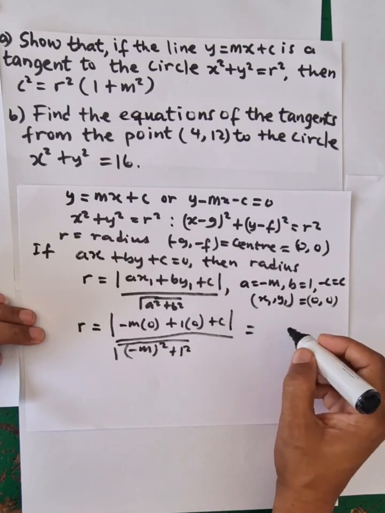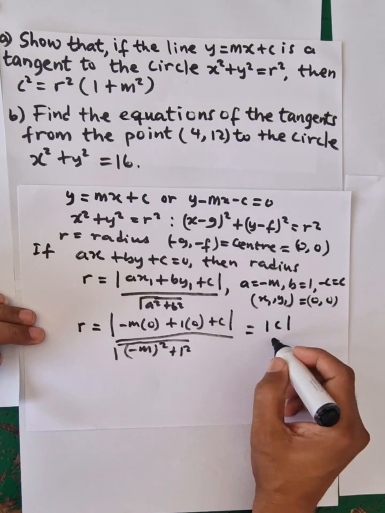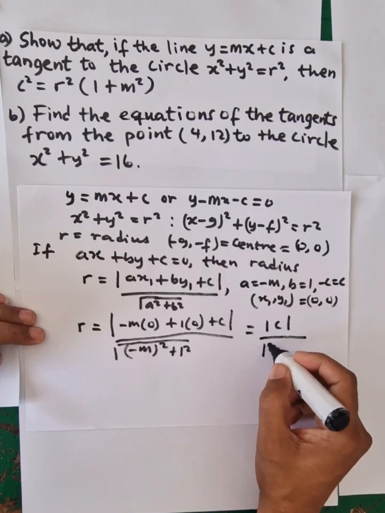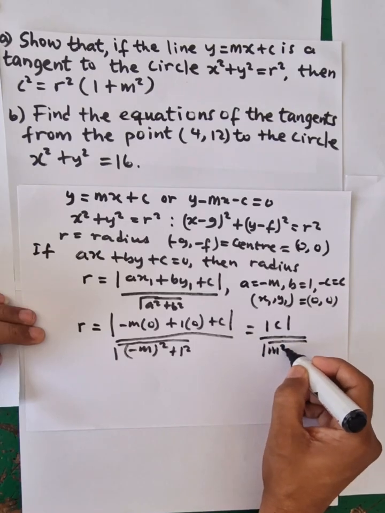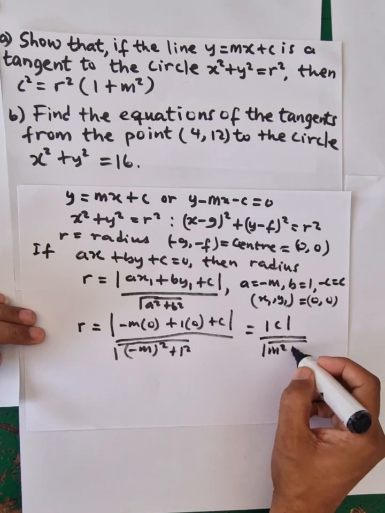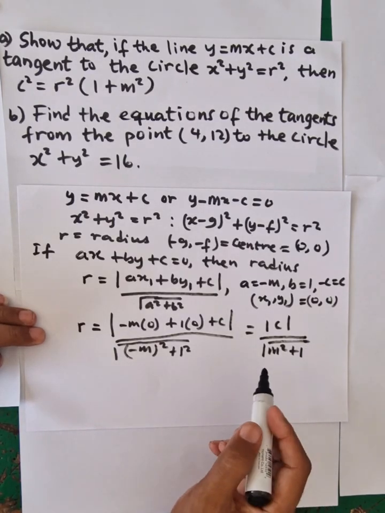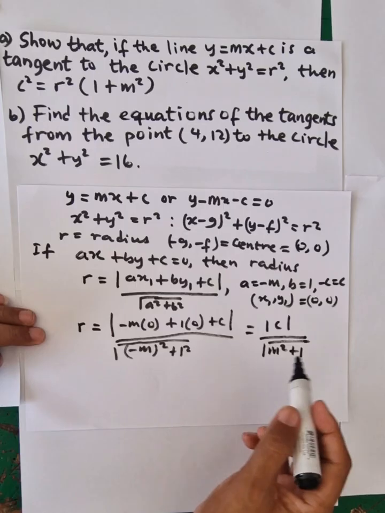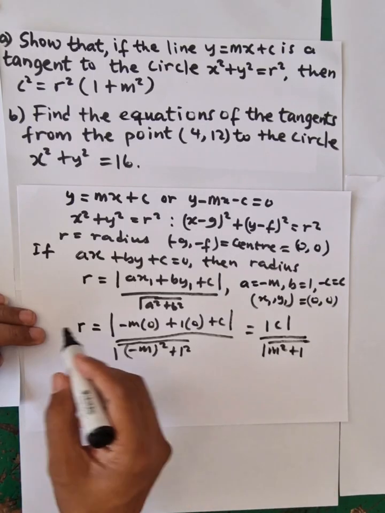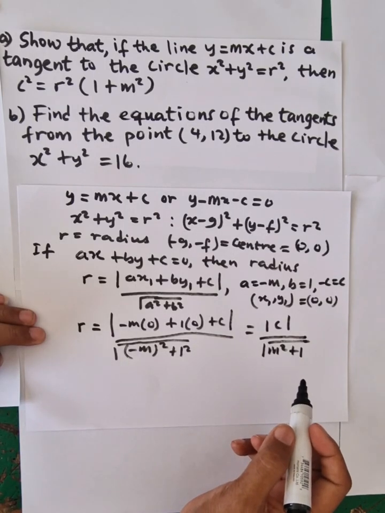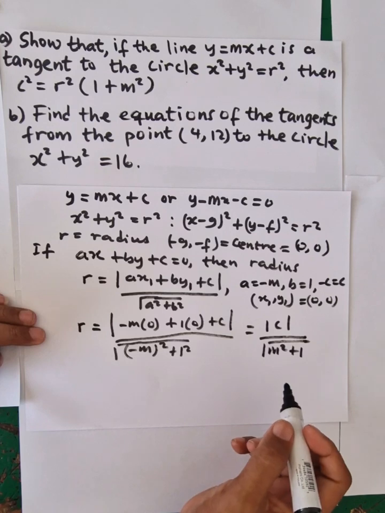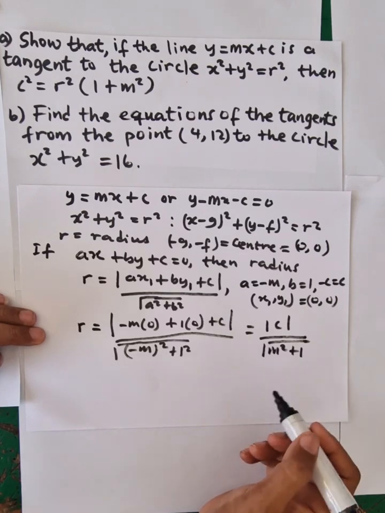Now this gives us modulus of c all over root of m squared plus 1. Now let's square both sides.